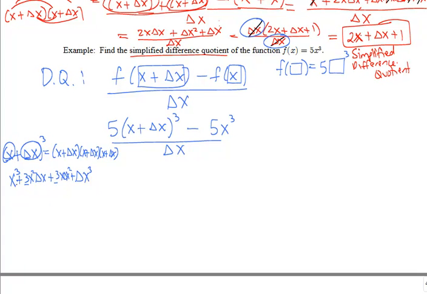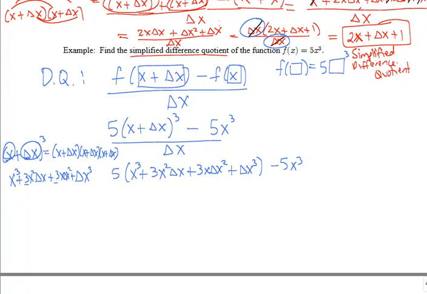If you look at the degrees, the x is cubed, then squared, then 1, and then 0. And on the delta x's, I have 0 here, 1 here, 2 here, and 3 here. So when I cube this out, I'm going to get an x cubed plus 3x squared delta x plus 3x delta x squared plus delta x cubed.